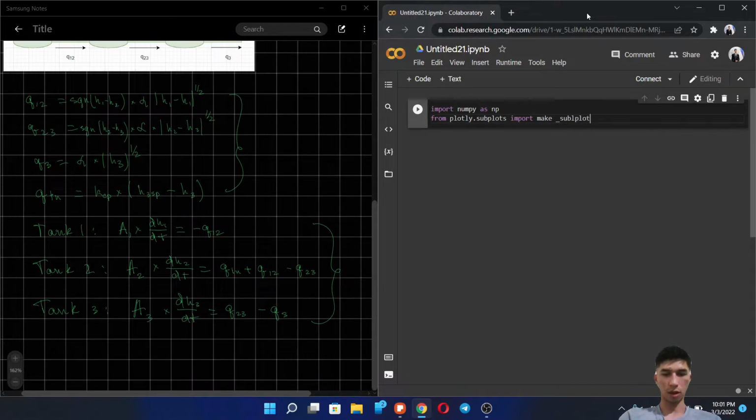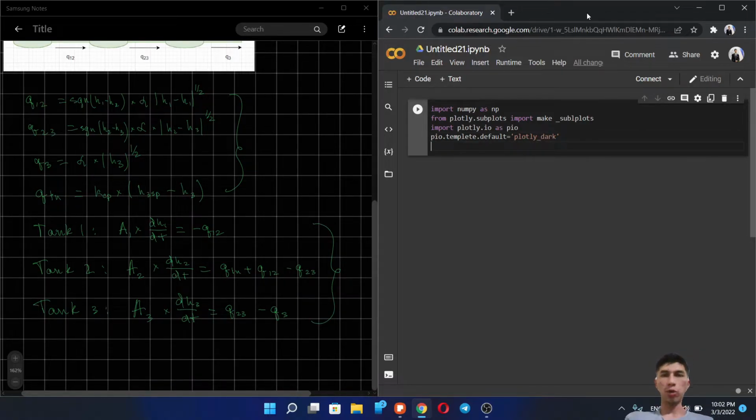function. And we don't want our plot to be on a white background, so what we can do is import plotly.io as pio, then pio.templates.default is going to be equal to plotly_dark, right?